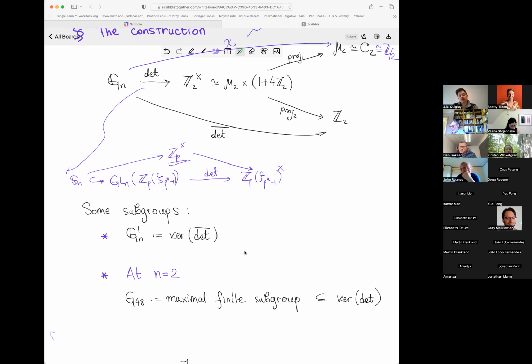But anyway, there's this maximal finite subgroup, and all that matters for today is that it is inside the kernel of the determinant map, this first determinant up here.